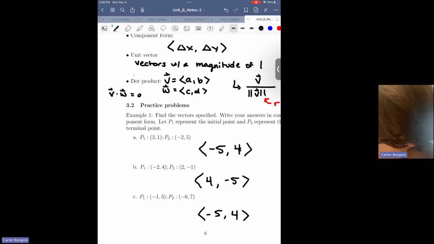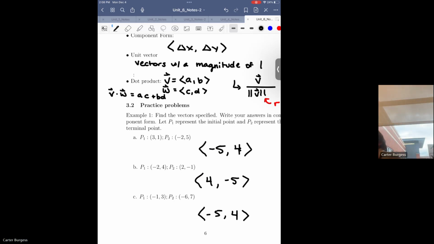This is AC plus BD. Now you will notice that this is not a vector. There isn't an x component, there isn't a y component. It just gives you a scalar, some kind of number.